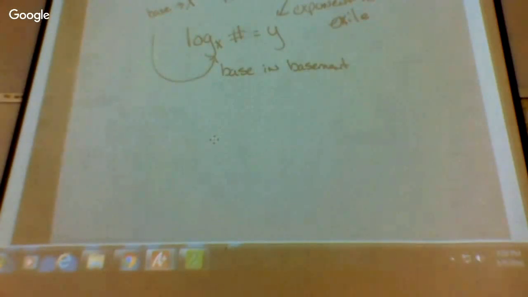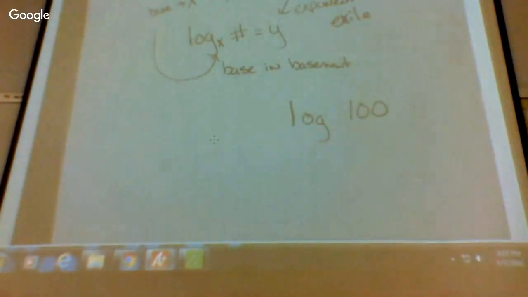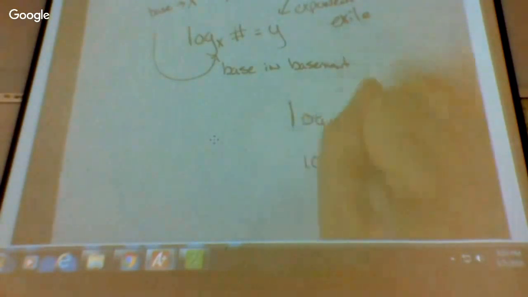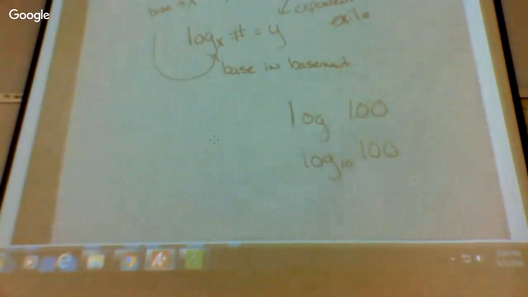When I say log base, I'm talking about log of a certain number. If I don't have an actual number there, so if I just have log of 100, can you remember what base I assume? 10. Very good. So it's log base 10 of 100. We just didn't actually write it.